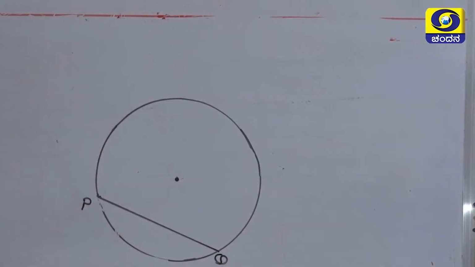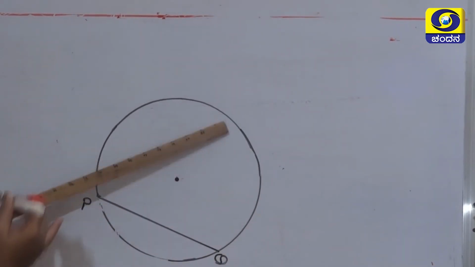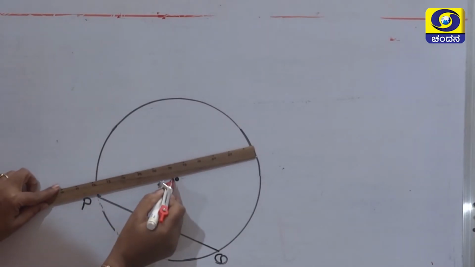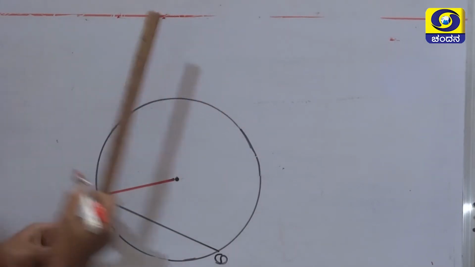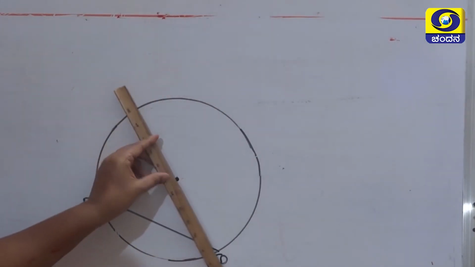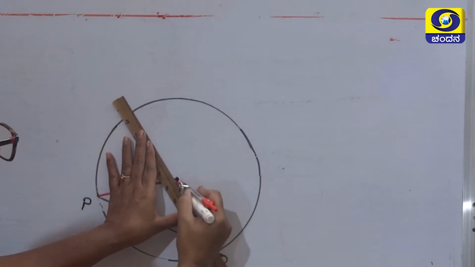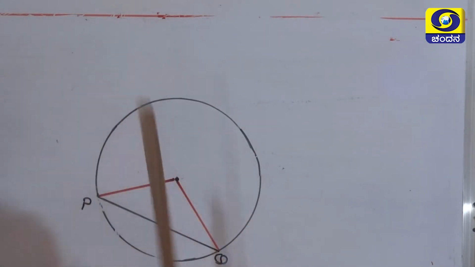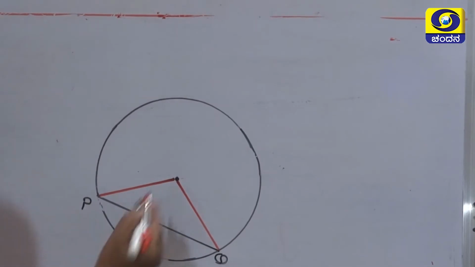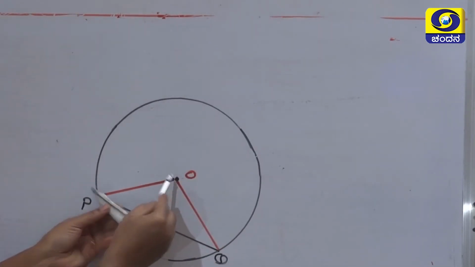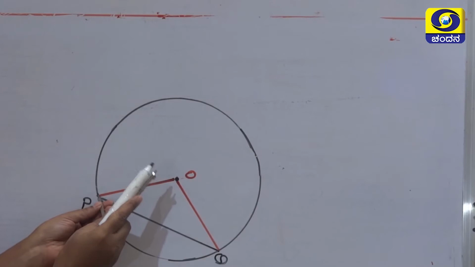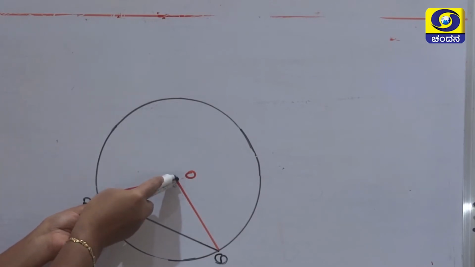Now we have to make the tangent at point P and at point Q. Join the points P and Q to the center. Take this radius and draw a semicircle.